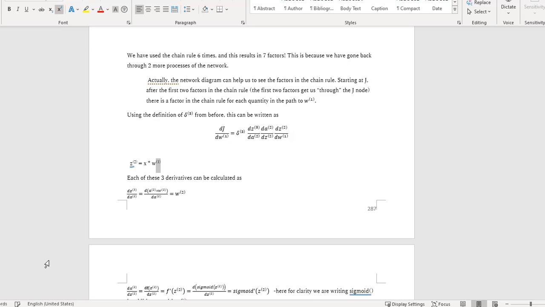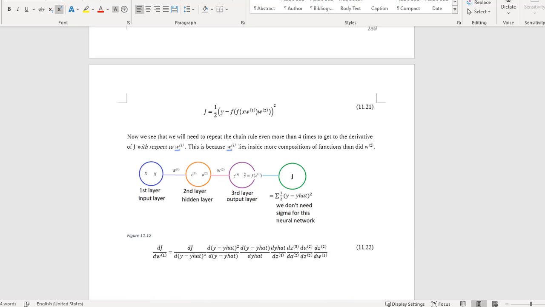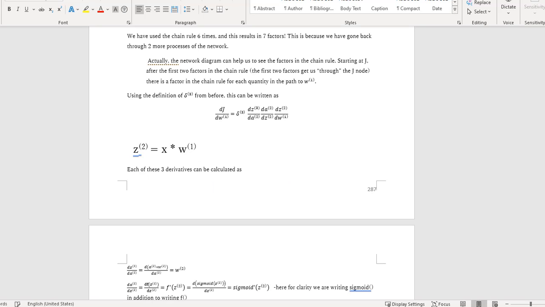So that's then Z2 is just X, the input, times the first weight. There's no multiple nodes in the first layer, or there's no multiple nodes in the second layer. So it's just very simple. Z2 is just X times this. So that's what we have here.